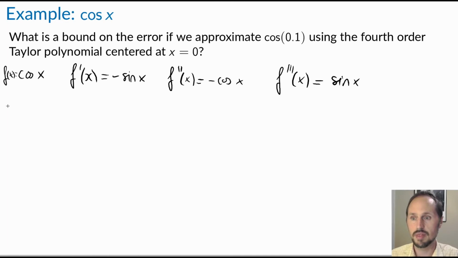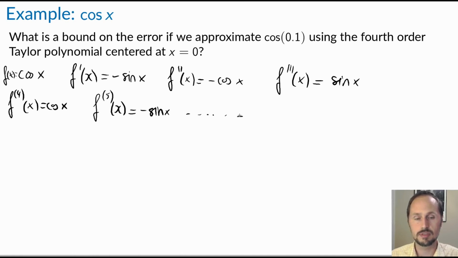And that means the fourth derivative is going to be cosine of x. This is looking awfully familiar from our sine example, and this list is going to repeat itself repeatedly with period 4.